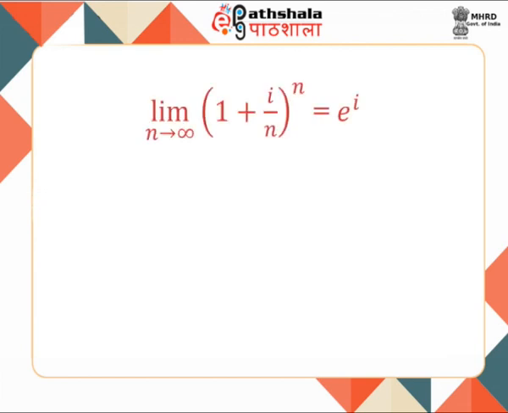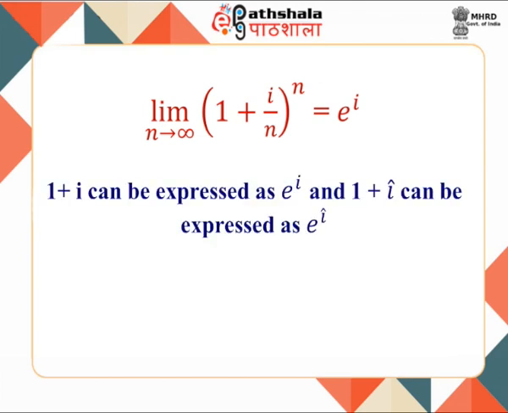In case of limit n tends to infinity, (1 plus I upon n) raised to the power of n is equal to e raised to the power of I. Hence, 1 plus I can be expressed as e raised to the power of I, and 1 plus I cap can be expressed as e raised to the power of I cap.